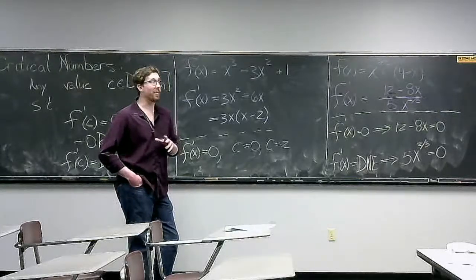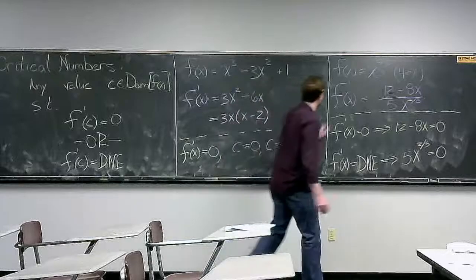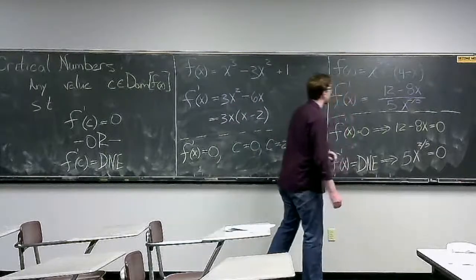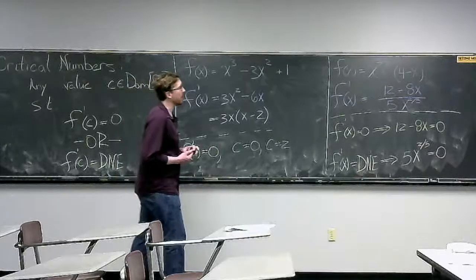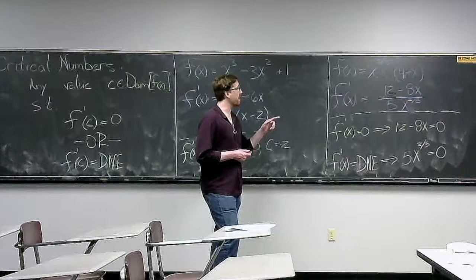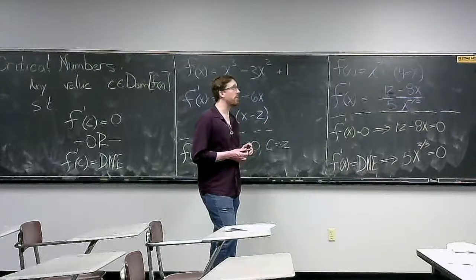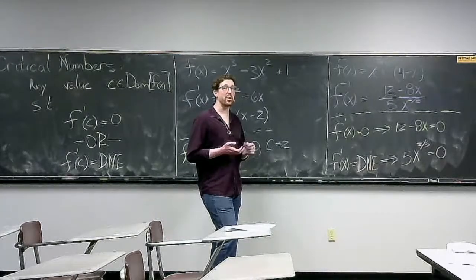And when we take the derivative of that thing, after we do some algebra, what we get is the quantity 12 minus 8x divided by 5 times x raised to the 2/5 power. Okay, well, this thing has both cases, doesn't it?